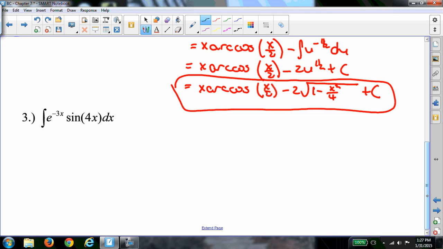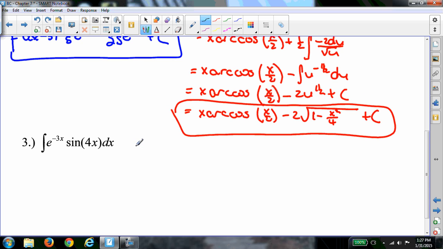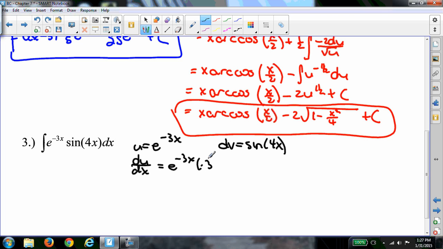So for this case, I'm going to let u equal e to the negative 3x, and I will let dv equal sine 4x. So if I do my derivative, I'm going to get du dx equals e to the negative 3x times negative 3. And so therefore du equals negative 3 e to the negative 3x dx.